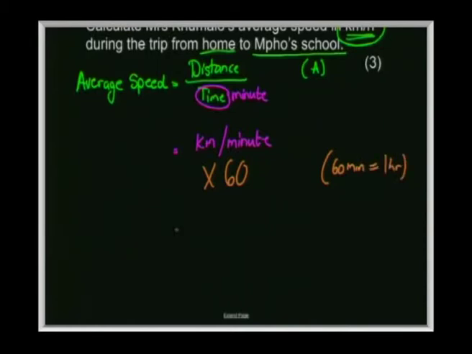And only after we multiply by 60, our answer is in kilometers per hour. That's very important to remember. And there are many questions like this where you get given time in minutes, but you get asked for a speed in kilometers per hour. So don't ever forget that there are 60 minutes in 1 hour. I hope you understood that. If not, rewind and play it again until you do understand.